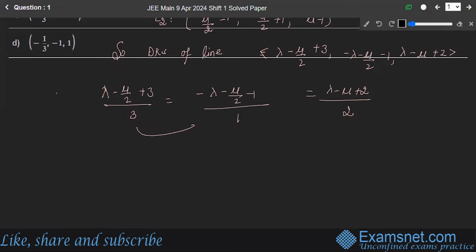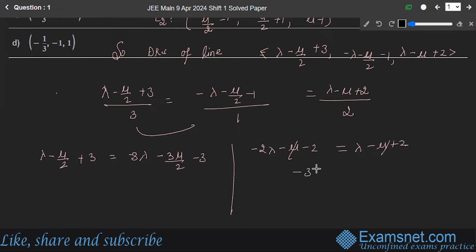So you have lambda minus mu upon 2 plus 3 is equal to 3 minus 3 lambda minus 3 mu upon 2 minus 3, and you have minus 2 lambda minus mu minus 2 is equal to lambda minus mu plus this. Mu will cancel.